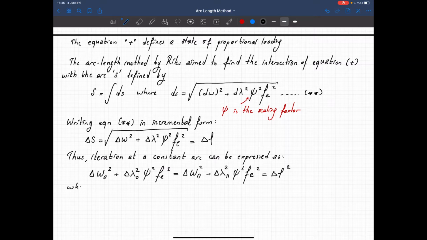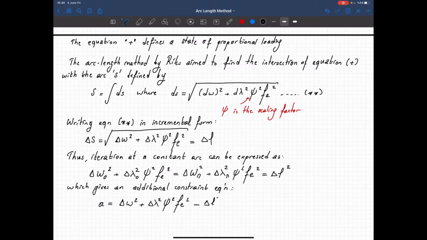So we say, which gives an additional constraint equation, which is A is equal to delta W squared plus delta lambda squared phi squared FE squared minus delta L squared, and this should be equal to 0.